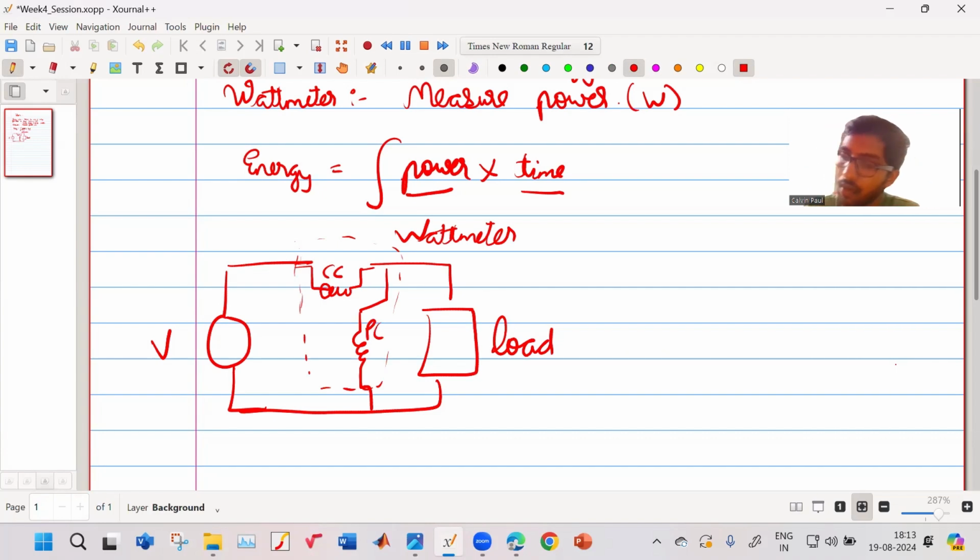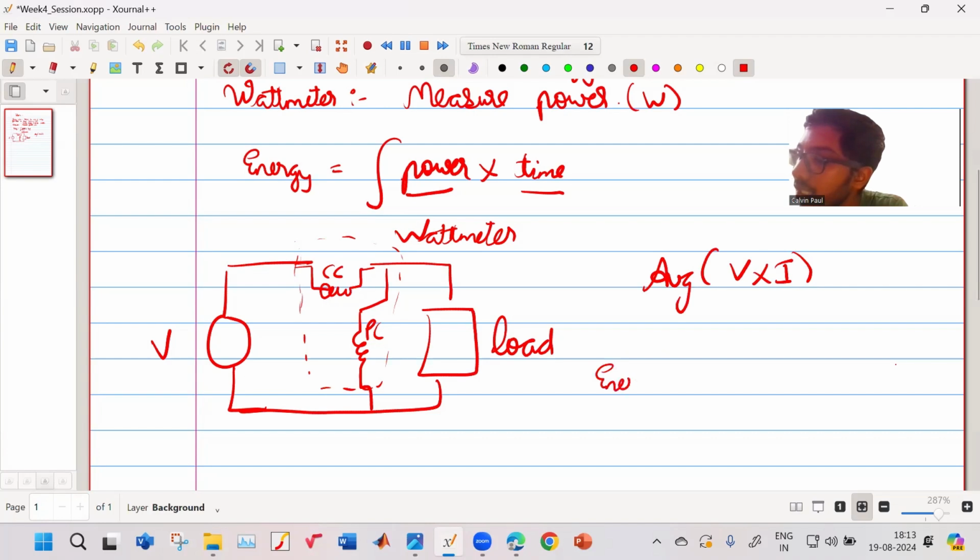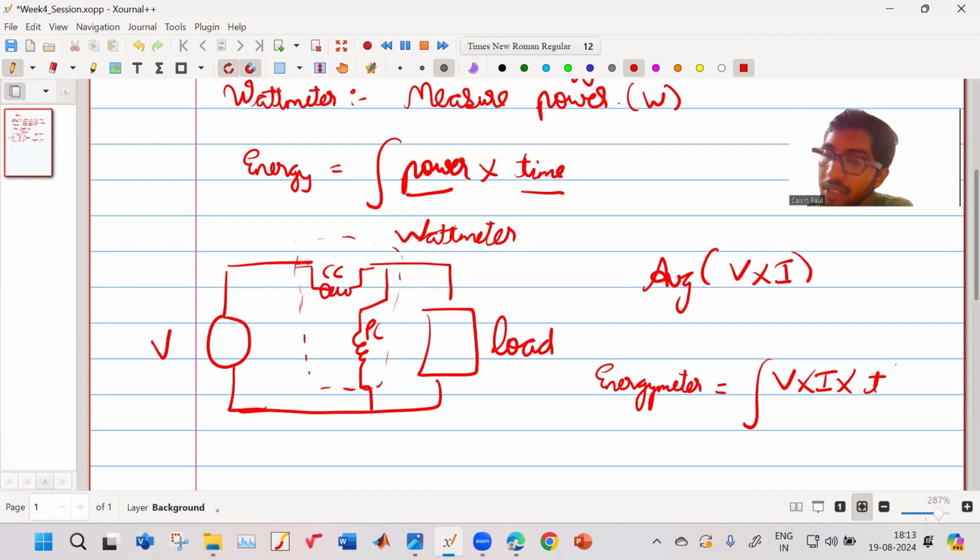And we know that the wattmeter method finds the average of voltage into current, and that is your average power being used. But when we have to use an energy meter, it has to find voltage into current and also with respect to time.